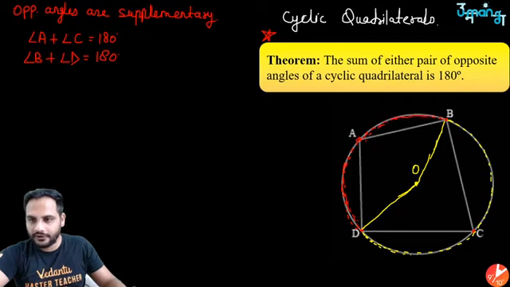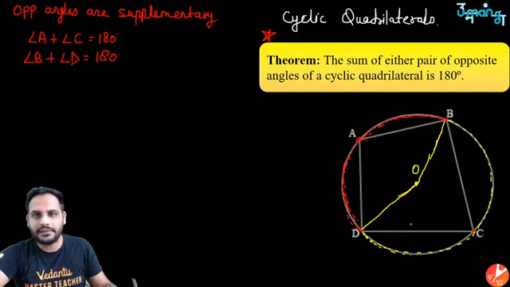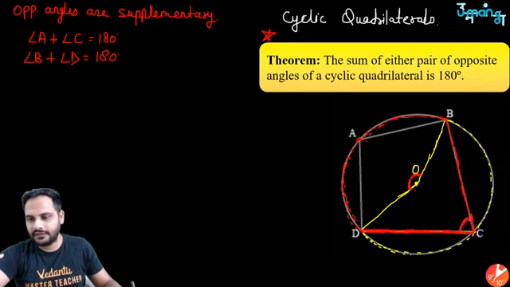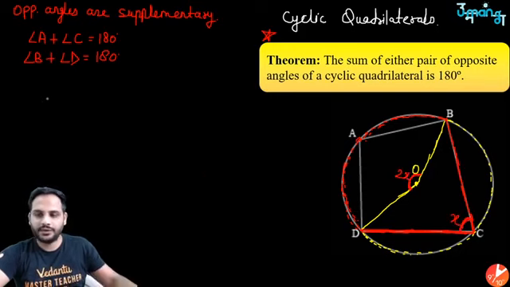Now look, if I talk about arc DAB, I can clearly say that this angle BOD, whatever its value, will be double of the angle in the remaining part of the circle. In the remaining part, at BCD, we have this angle. I am using the theorem which I have already proved.